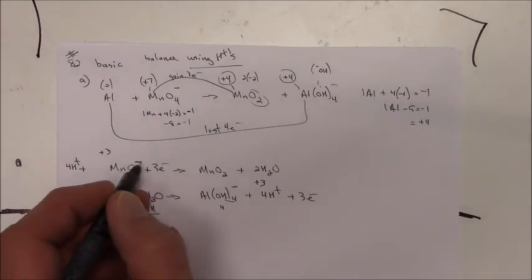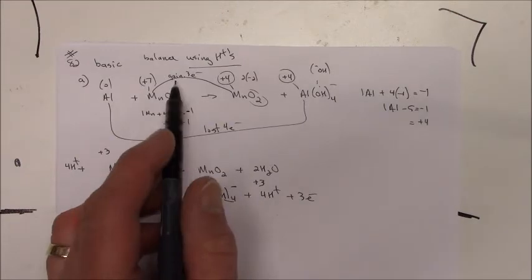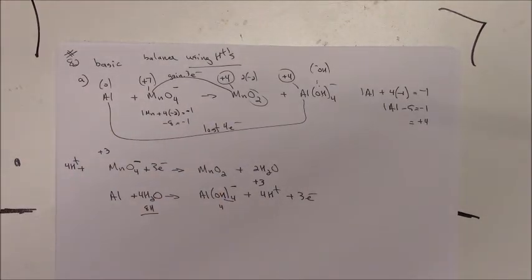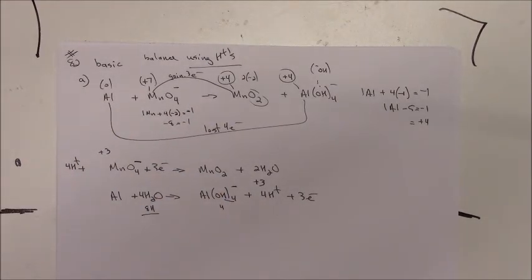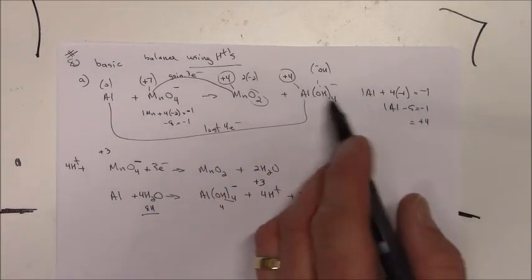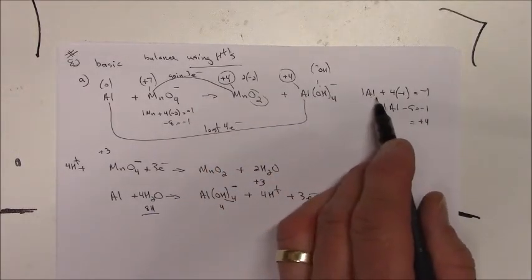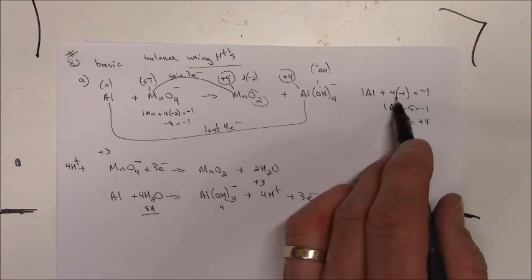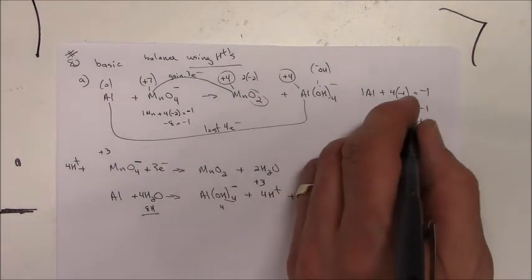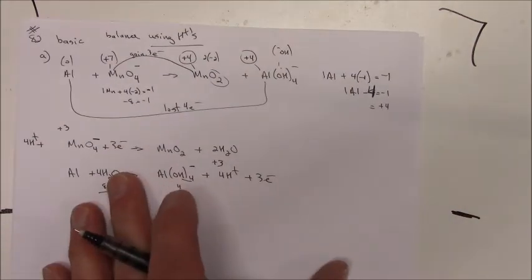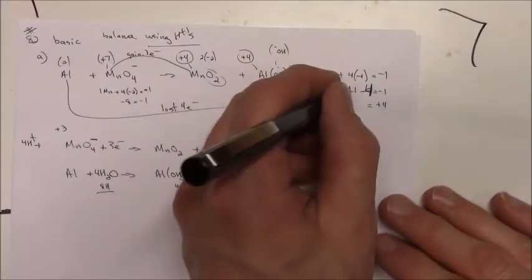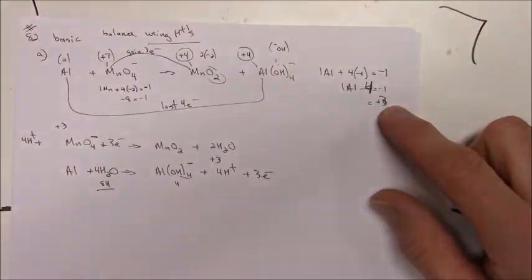One's gaining 4, one's doing that. There's a mistake right here. See, this is -4. Why don't you guys tell me? So that means this is a +3.